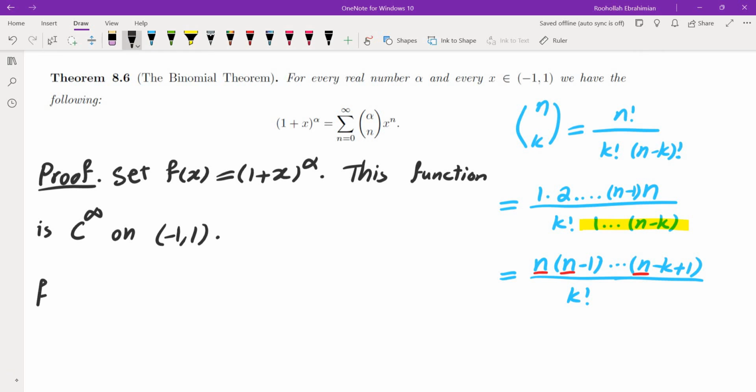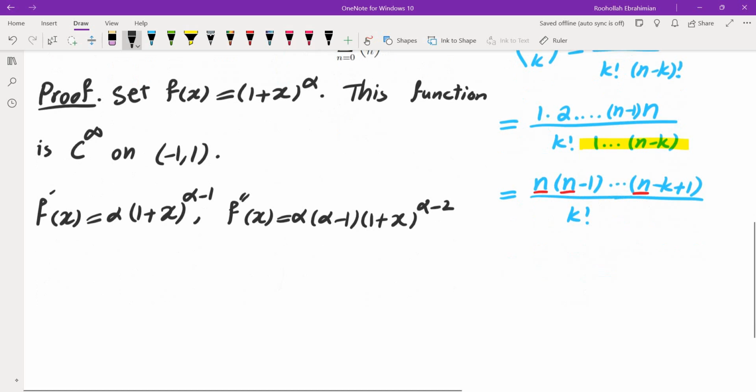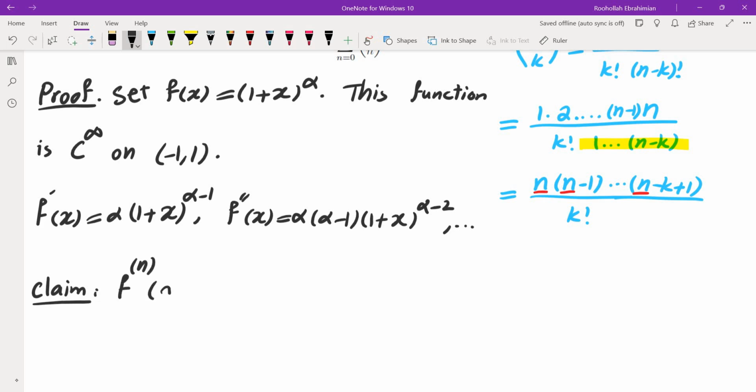So let's find the first few derivatives. The first derivative would be alpha times (1 plus x) to the power of alpha minus 1. The second derivative would be alpha times alpha minus 1 times (1 plus x) to the power of alpha minus 2, etc. So the claim is we can find the nth derivative of this.